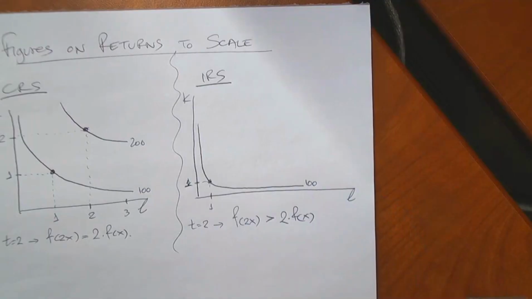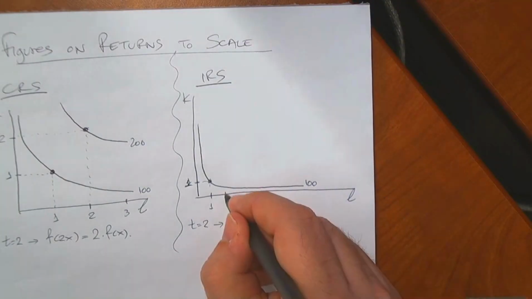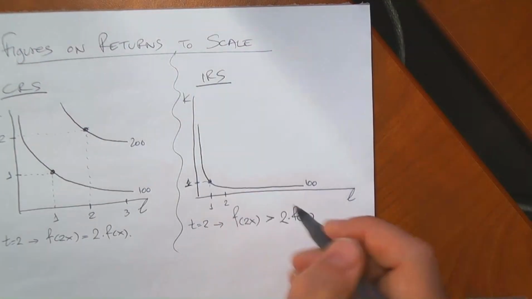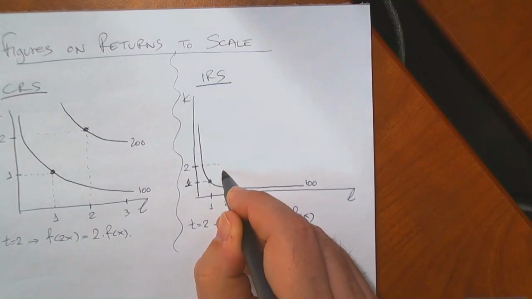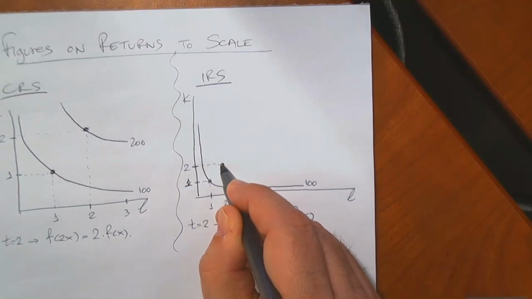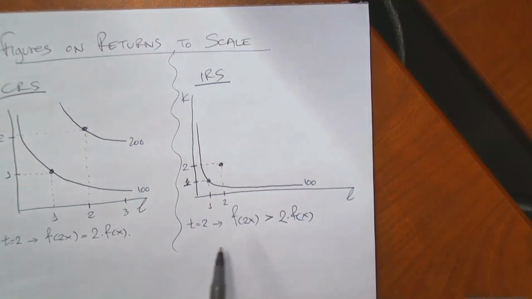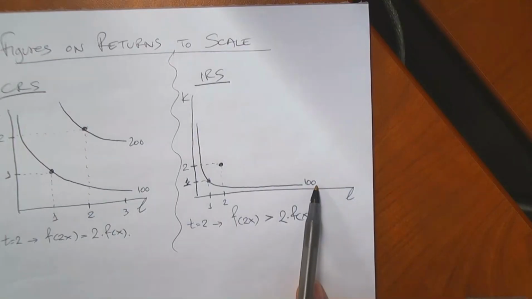Here we don't have a specific functional form to get the exact number, so we'll define some numbers. So let's say this is 2 workers and 2 units of capital. Okay, we are going to find that point. In order for us to have increasing returns to scale at that point, what do we want? We want that output, whatever the number of units is, to be greater than 2 times the original output of, let's say, 100.